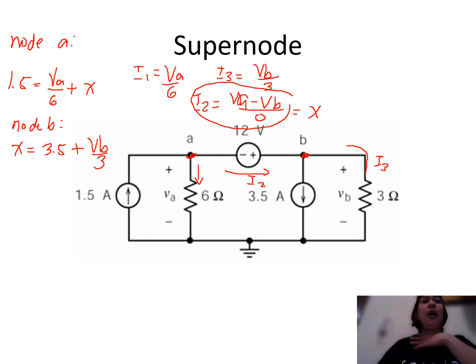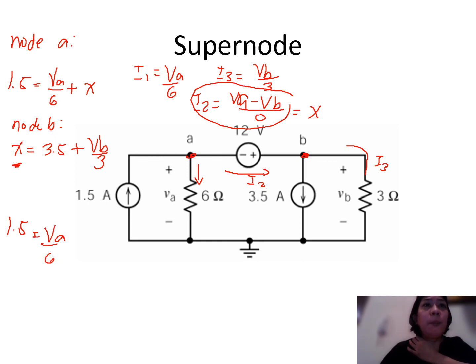Now, we can combine these two equations because we have an x here, to eliminate the value of x. So we can substitute the value of x in our first equation. This will become 1.5 is equal to VA all over 6 plus x. But what is x? x is equivalent to 3.5 plus VB all over 3.